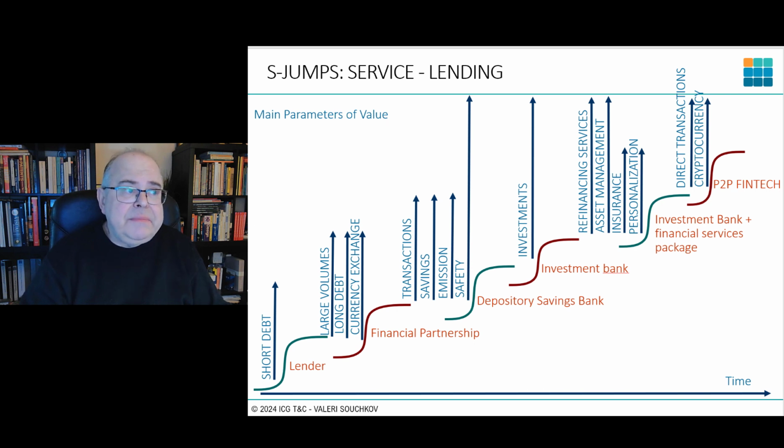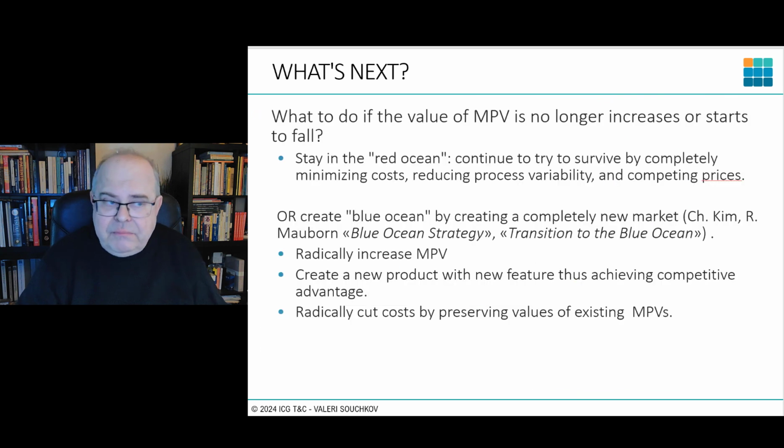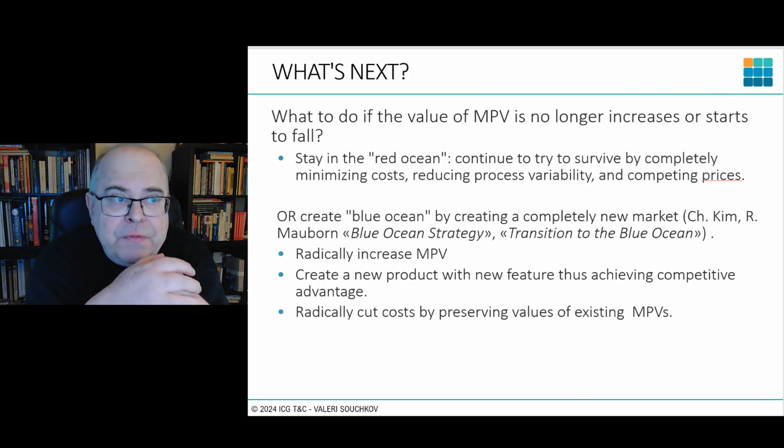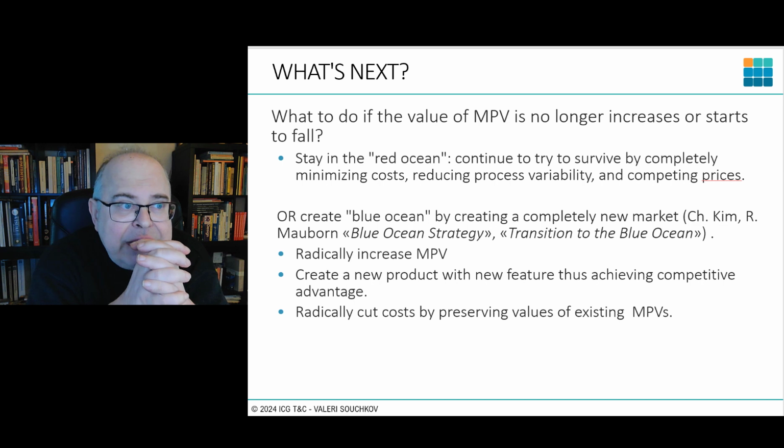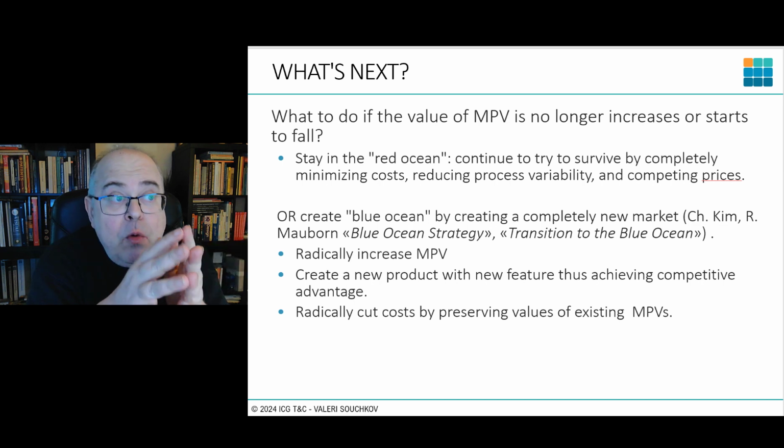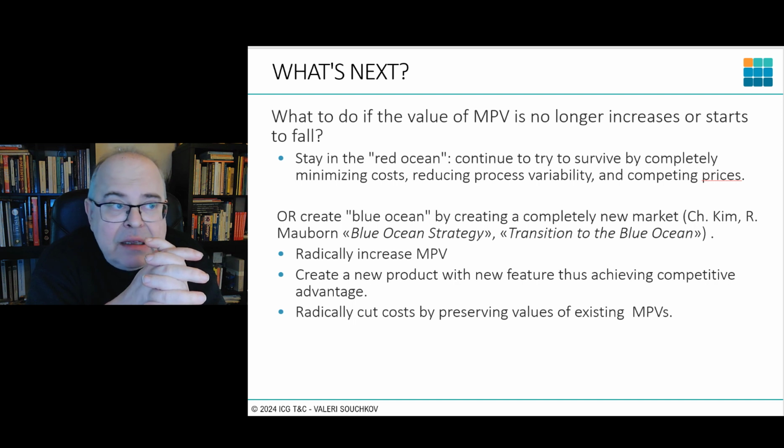And the question is, well, you probably know, we can correlate these four strategies with the already very well-known book of Renée Mauborgne and Chan Kim, Blue Ocean Strategy. So, what to do if the value of MPVs no longer increases or starts to fail? We might stay in the red ocean.